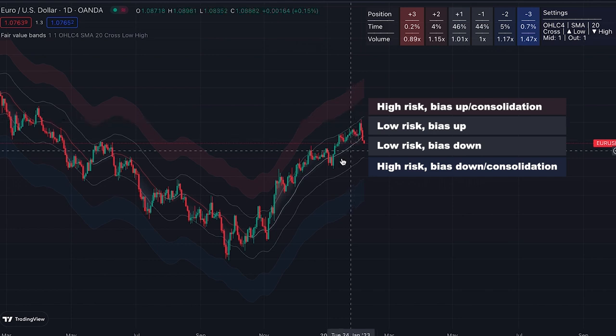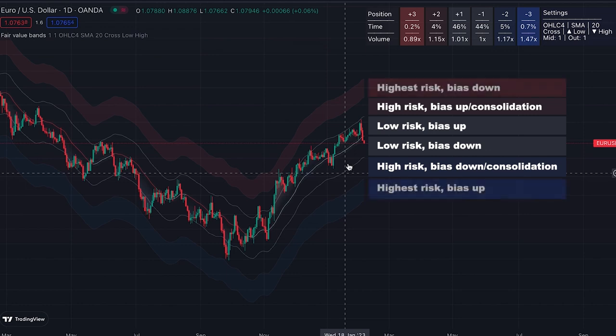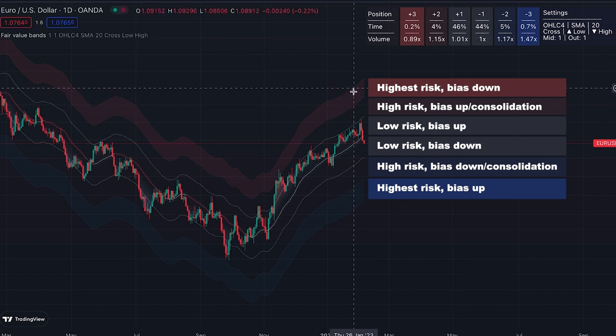And on the other hand, below the moving average line, the area between the first band and the second band is also considered high risk, and here the bias is down or consolidation. And the area between second band and third band is considered highest risk, and here the bias is down. And below the moving average line, the area between second band and third band is similarly considered highest risk, and here the bias is up.